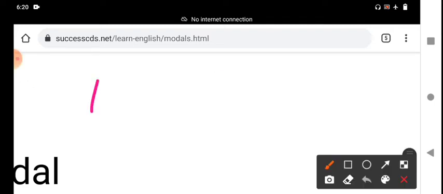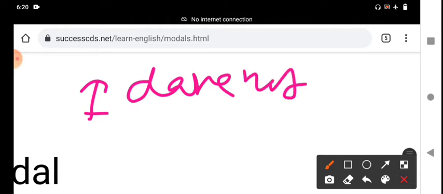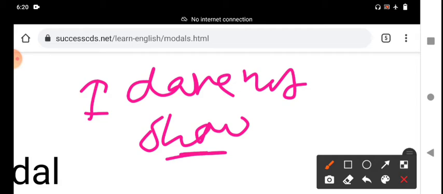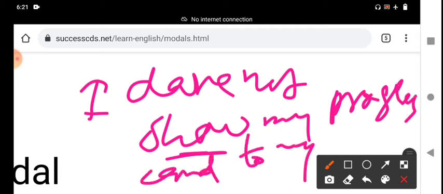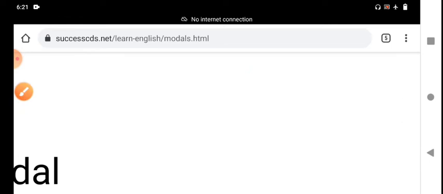In negative form, I dare not show my progress card to my father. It functions as a main verb. That means semi-modal verbs, auxiliary verbs, sometimes behave like modal auxiliary verbs and sometimes function as a main verb.